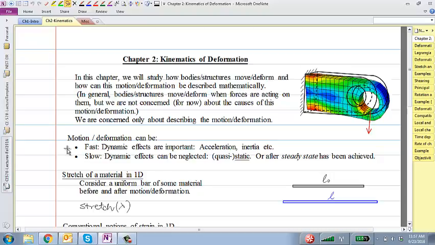What that means is that you can think about the deformation of a body at a particular instant of time. If I have my initial undeformed body, it might be oscillating, but at a particular instant I've captured a photograph of it, and I'm going to describe mathematically what this deformed shape looks like. Or you can think about a steady state.